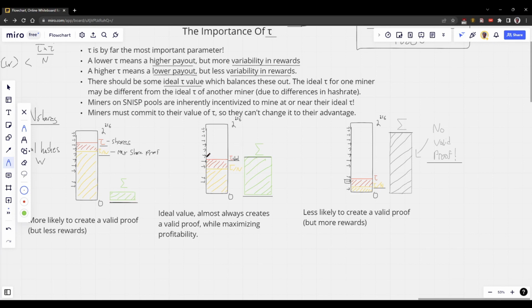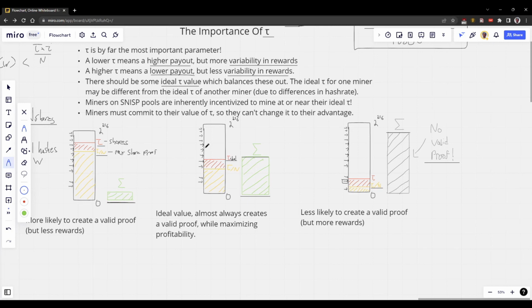Similarly, some people may be less willing to risk payouts, so they'll increase their TAW value, which means they get a slightly lower payout, but more safety in terms of how often a valid SNISP is generated. That's all okay. The goal in the end is to have miners tend towards their ideal TAW, and slight differences are okay in the end.